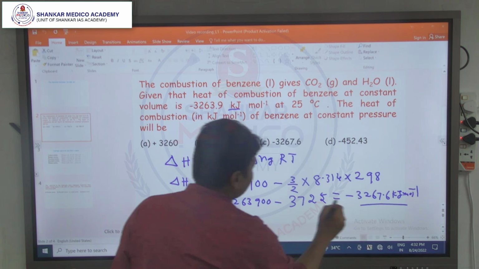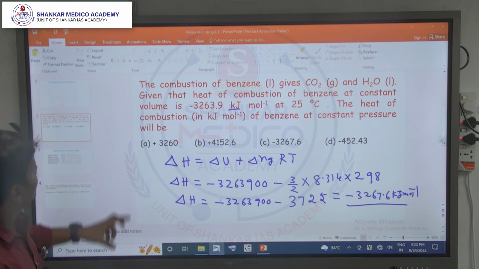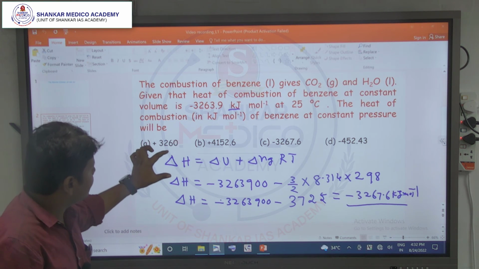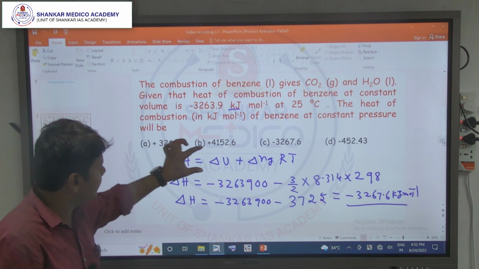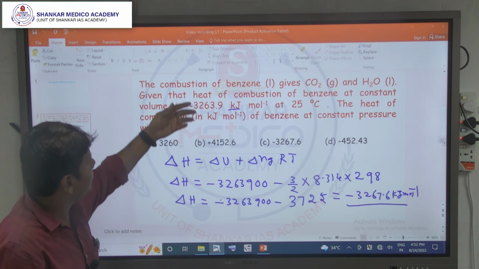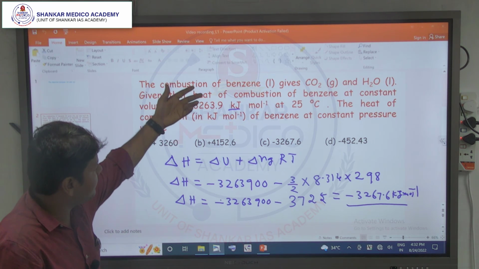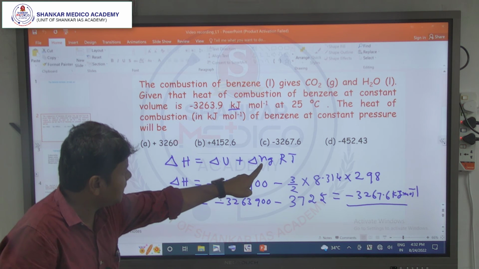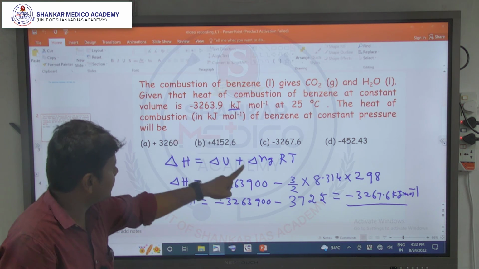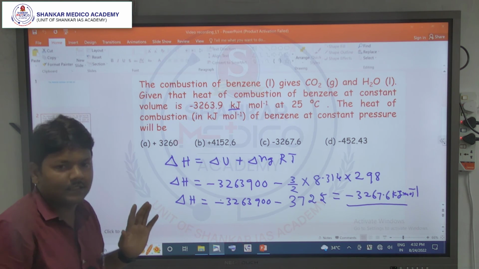So, this is your answer. So, what we have done here? We have taken a relation between the enthalpy change and internal energy change. Then from the chemical reaction, we have obtained the delta Ng value, and related data we have substituted here, and finally we got the delta H value.